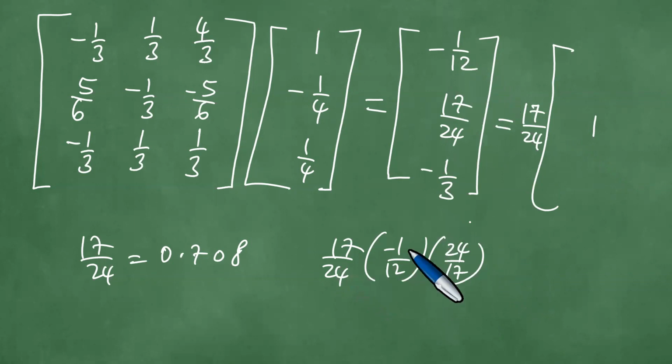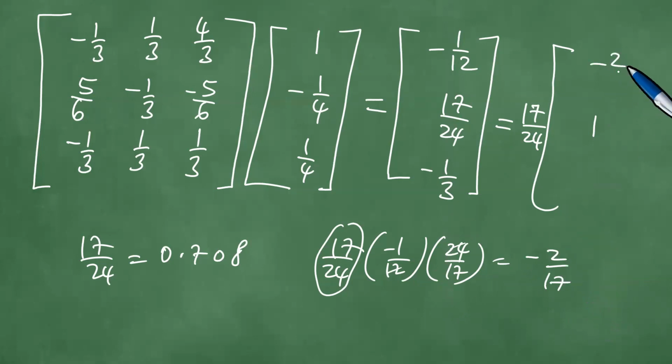So factoring out 17 out of 24 is going to introduce the multiplicative inverse. And then that would mean this 12 divides, and then you have minus 2 out of 17.